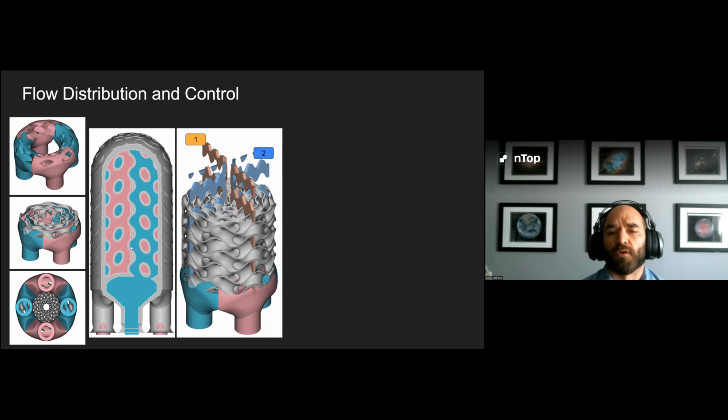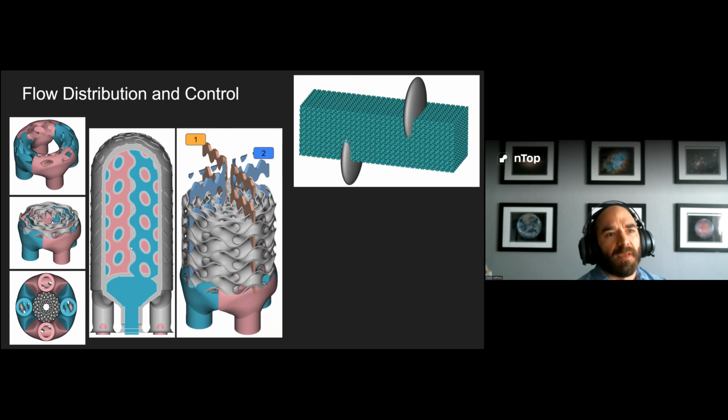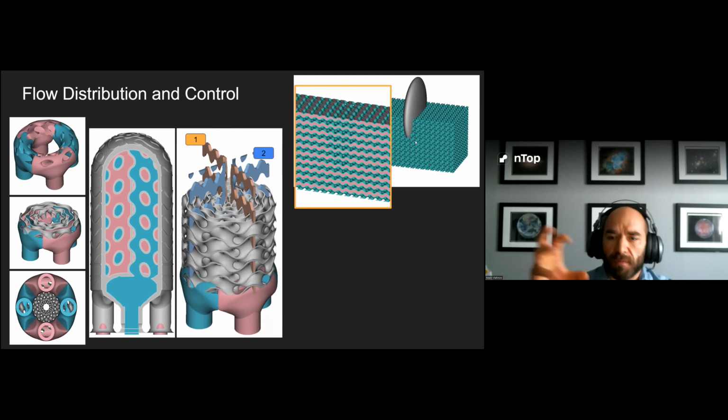Another way we can control the flow is with something that I call virtual baffles. Let's presume we have a larger heat exchanger design, and where we have these gray discs, rather than introducing a physical baffle and, let's say, cutting off half of the flow area, what we can do is choke the flow or change the cell size in that small region.